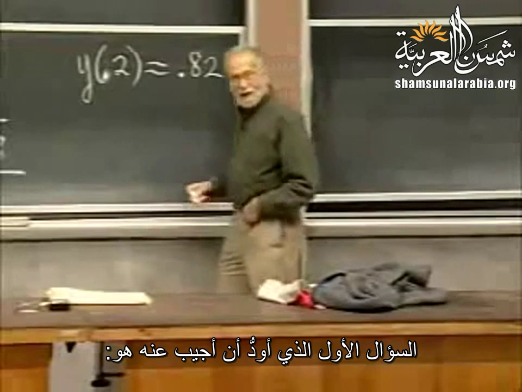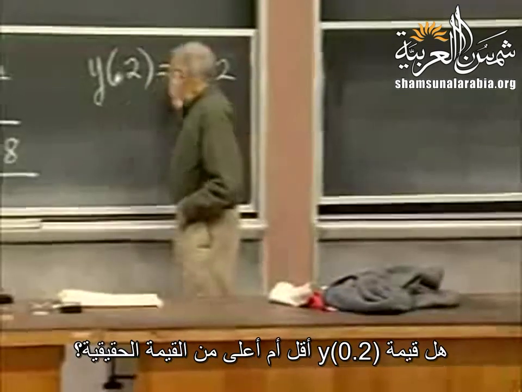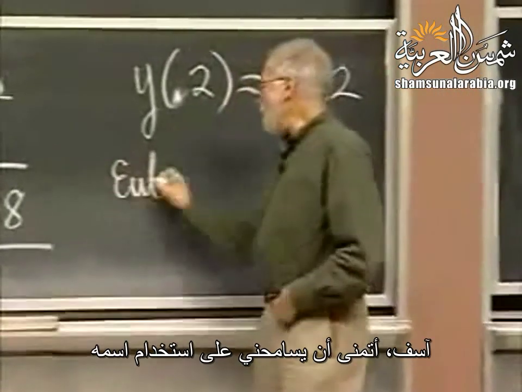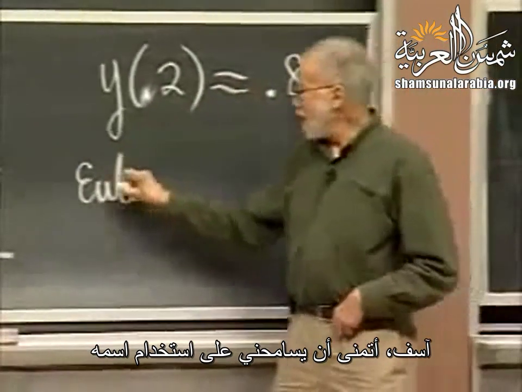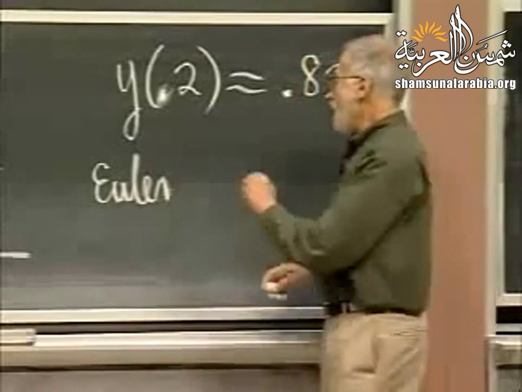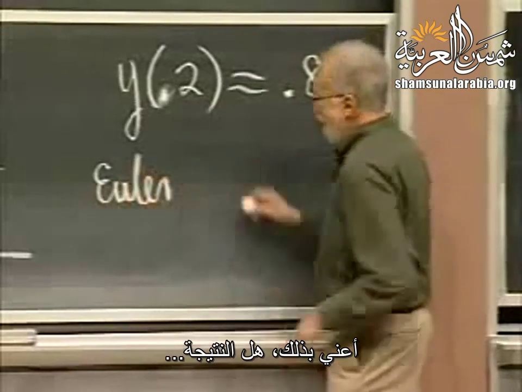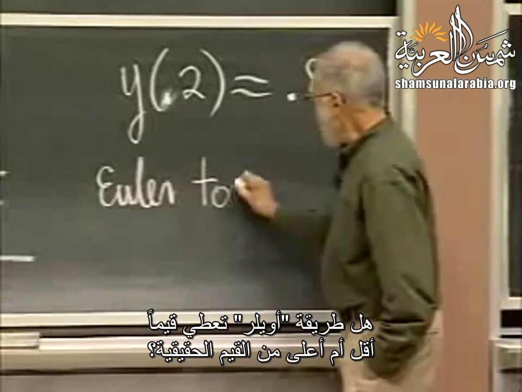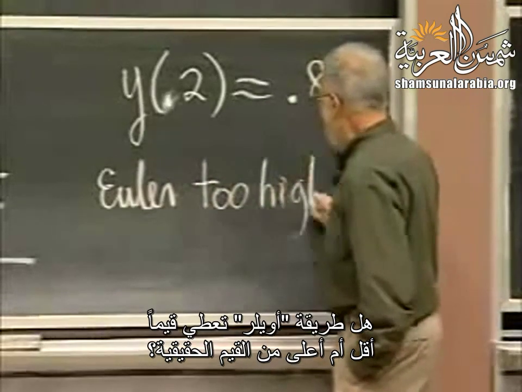Well, the first question I'd like to answer is, is this too high or too low? Is Euler, sorry, he will forgive me in heaven, I will use him. By this, I mean, is the result, well, let me say something first and then I'll criticize it. Is Euler too high or too low?